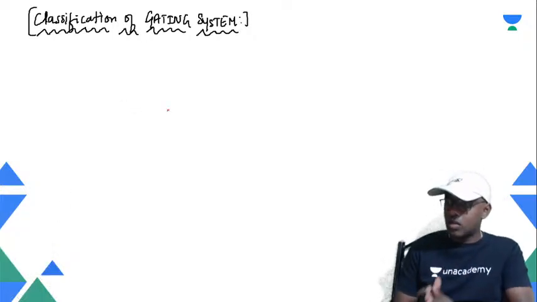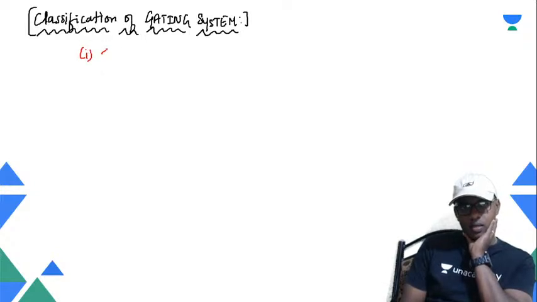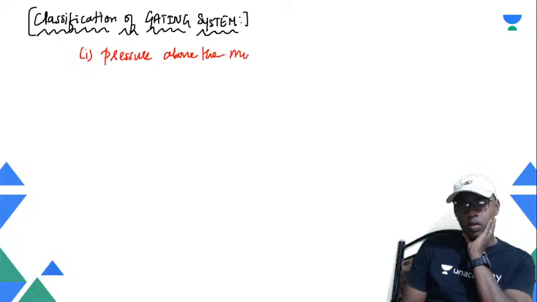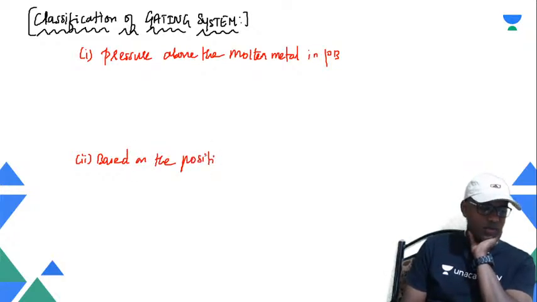Classification of the gating system. Students, as I said, it is of two types: pressure above the molten metal in the pouring basin, and also based on the position of the ingate.